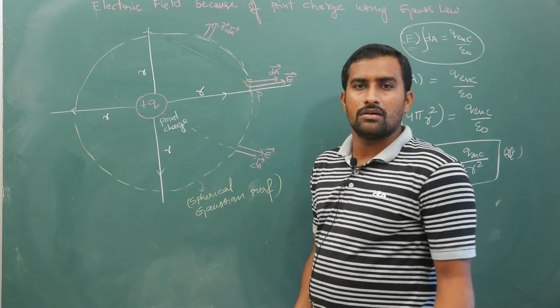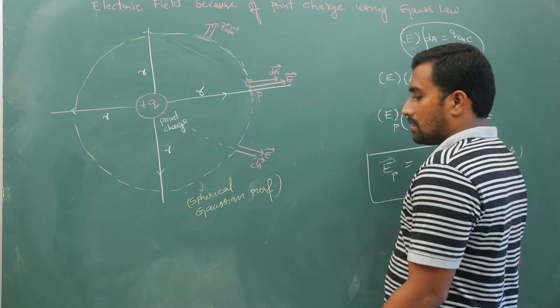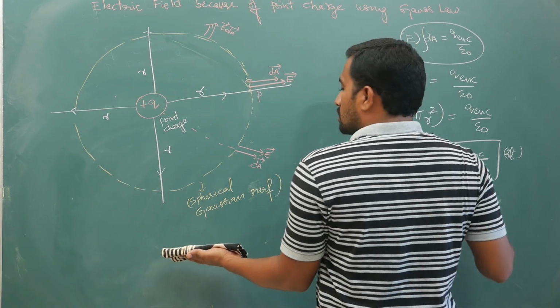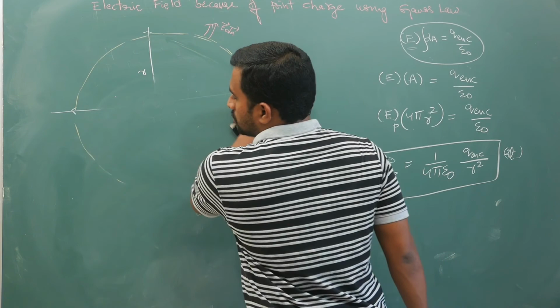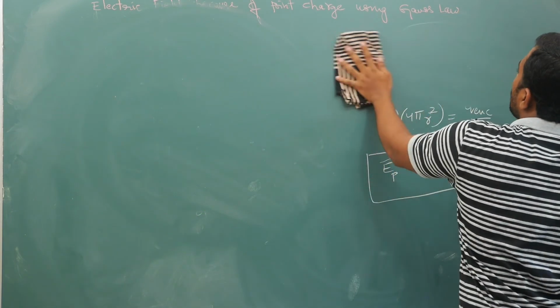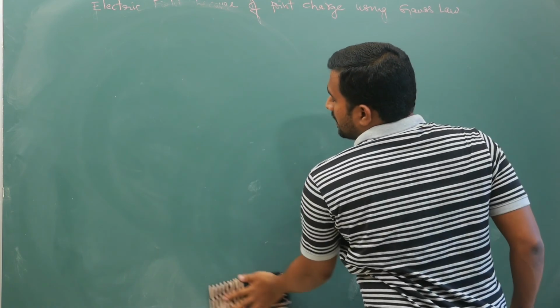If not, you have to definitely ask me in this case. So look for these two conditions, angle and magnitude. Those two will decide how to take the Gaussian surface.